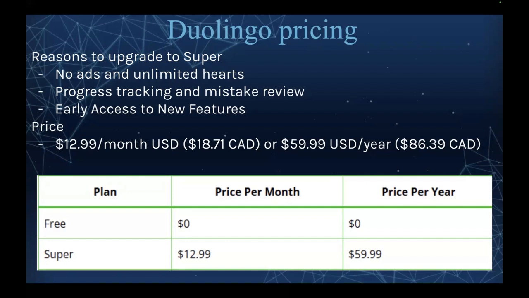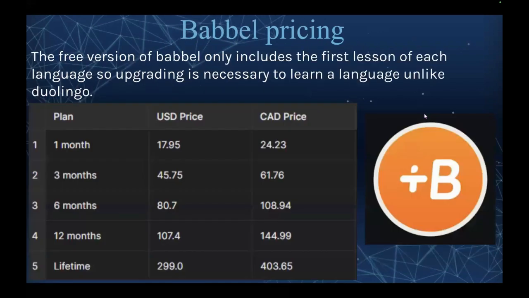Whenever you make a mistake in the free tier, it takes away a heart and you only get so many hearts per day, so you can't practice as much. Additionally, it lets you track your progress more and analyze your mistakes further. And it gives you access to new features earlier than other people. So you'll get to experience the cutting edge of all the tech they can offer you.